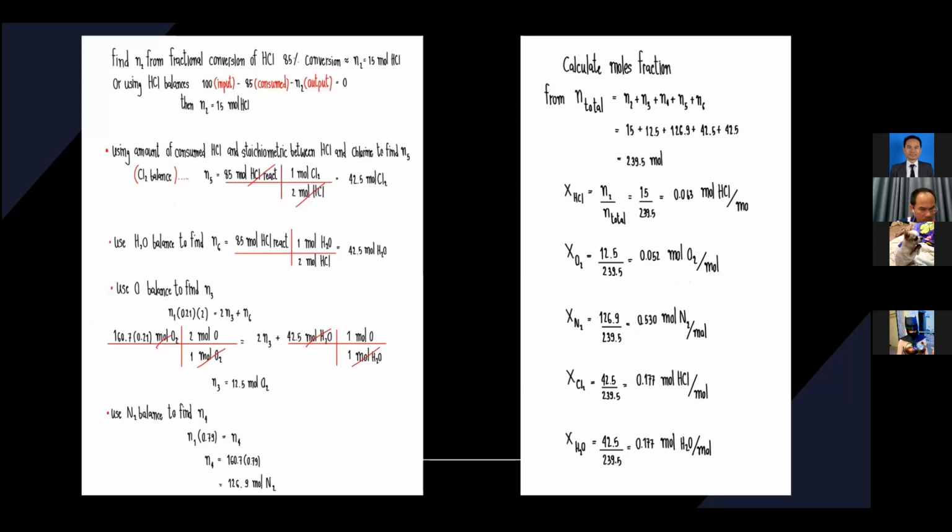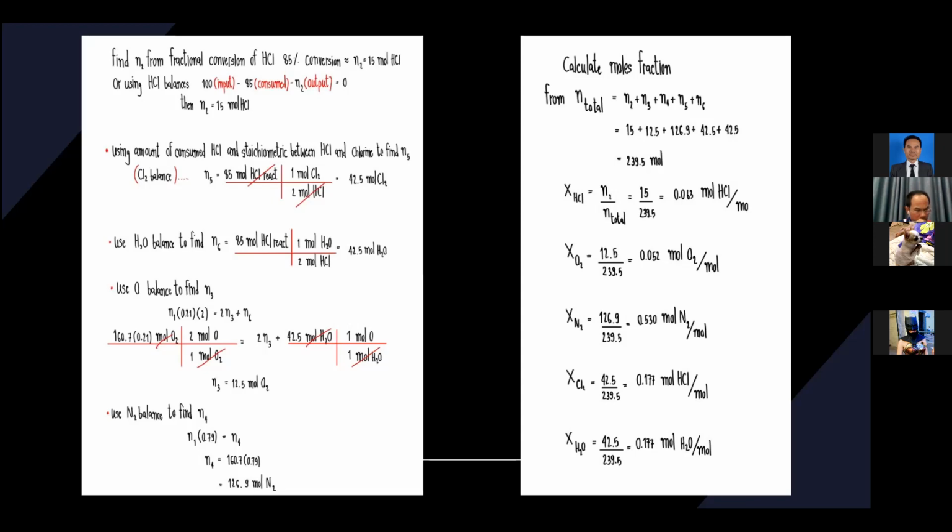Then we use the chlorine balance to find N5, and we got it equal to 42.5 mole. Using the water balance to find N6, we got it equal to 42.5 mole.